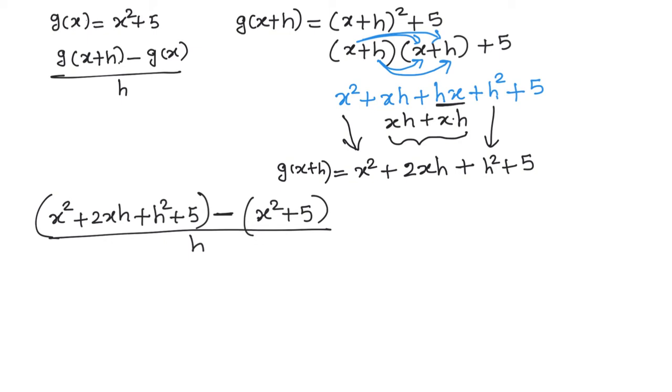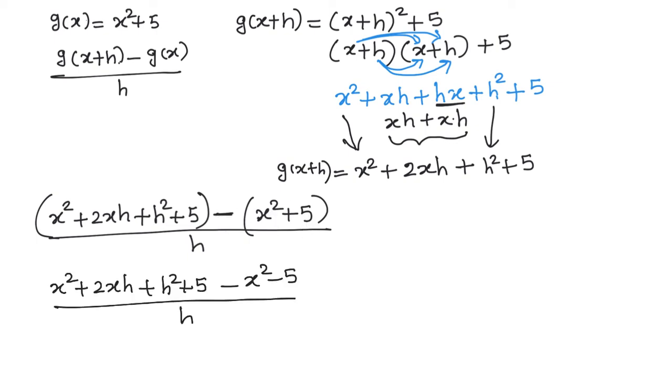Make sure to put the parentheses, then you have to distribute the negative, this minus sign. This negative is for both the terms coming after that. So it will be minus x square minus 5. So now x square cancels, 5 cancels, and 2xh plus h square is left, divided by h.